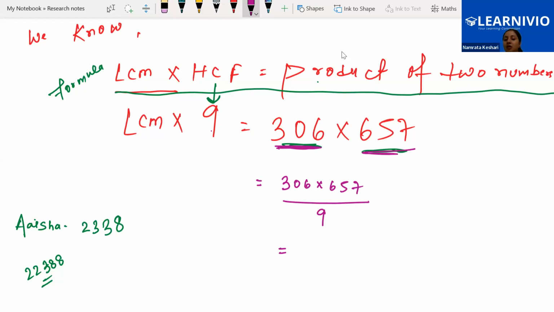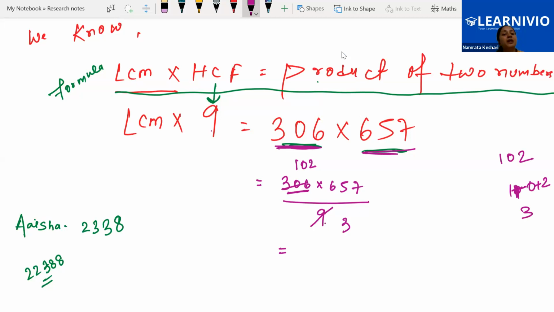Now we will see if any number can be cancelled by this 9. 306 is divisible by 3, and 9 is also divisible by 3. 3 times 1 is 3, 3 times 2 is 6. Now we have 102, and the divisibility rule of 3 is that if the sum of the digits is divisible by 3, the number is divisible by 3. Adding 1 plus 0 plus 2 gives 3, which is divisible by 3, so 102 is divisible by 3.